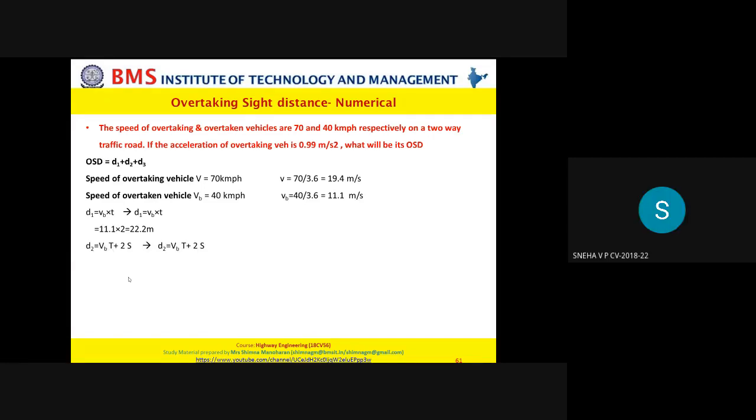VBT plus 2S. VB is again the velocity of the slow moving vehicle. What is capital T here? How will you compute capital T? Overtaking time. Yes, it is root of 4S by A.